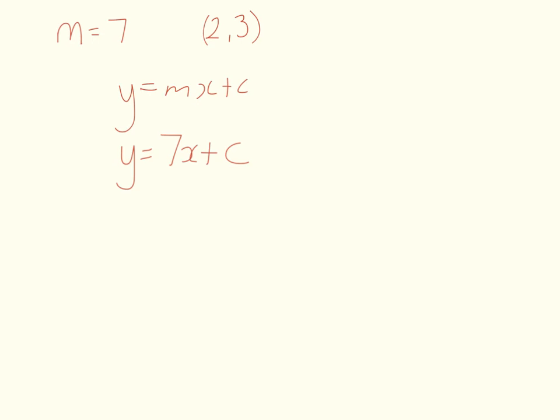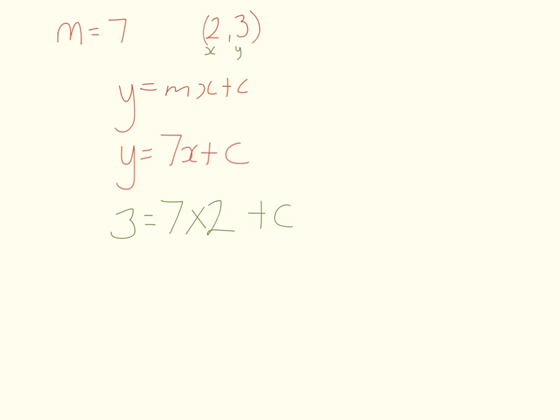If we look at this coordinate 2, 3 at the top, remember every coordinate is in the form an x coordinate and then a y coordinate. So what we can do is we can substitute these x and y values into this equation. So y is here, so y is 3, so 3 equals 7 times x, so x is 2, so it's 7 times 2 plus c.